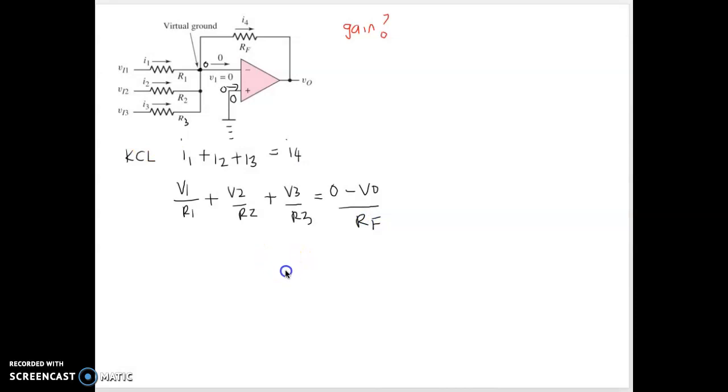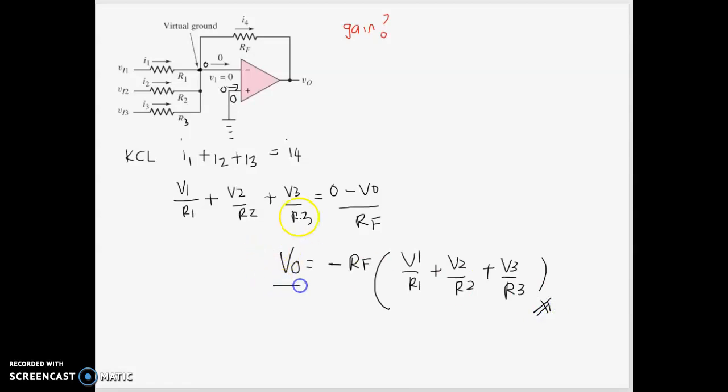So how are you going to find Vout? Just rearrange this, so Vout equals minus RF times (V1 over R1 plus V2 over R2 plus V3 over R3). This is how you get the output voltage for the summing amplifier. You don't need to derive the gain because you have multiple inputs, so you just stop here.